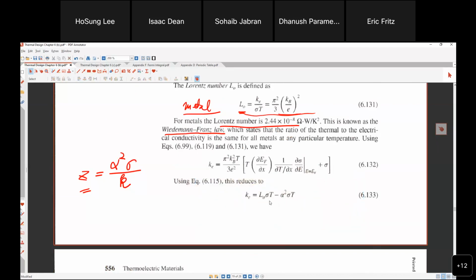Look at that. So alpha T, sigma T, it's the same. This is constant. So when the Seebeck is about 150 microvolt per K, it's canceled.